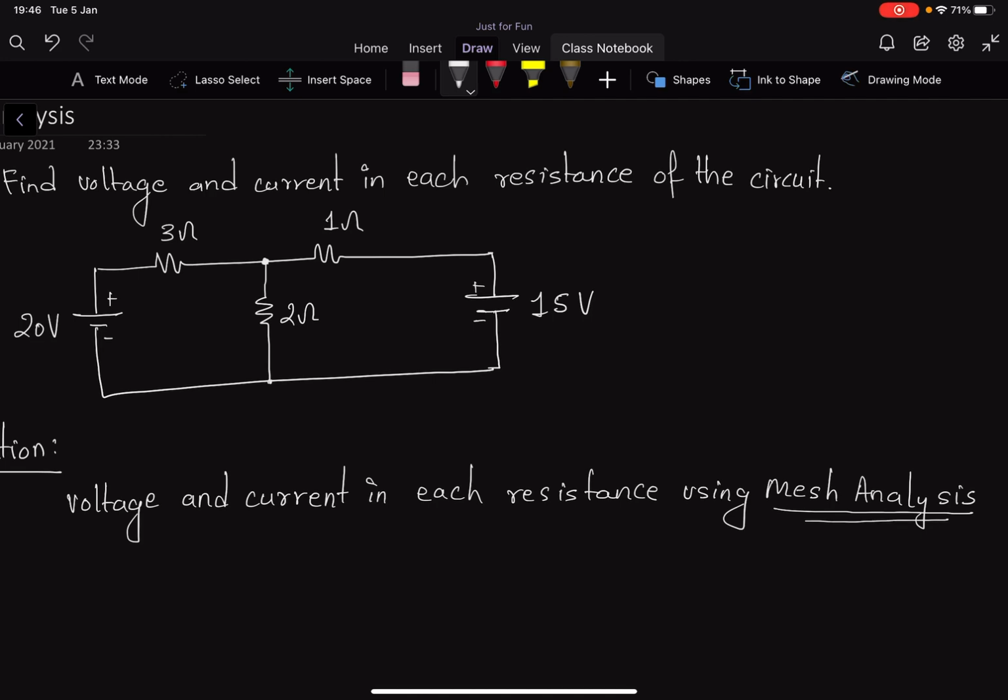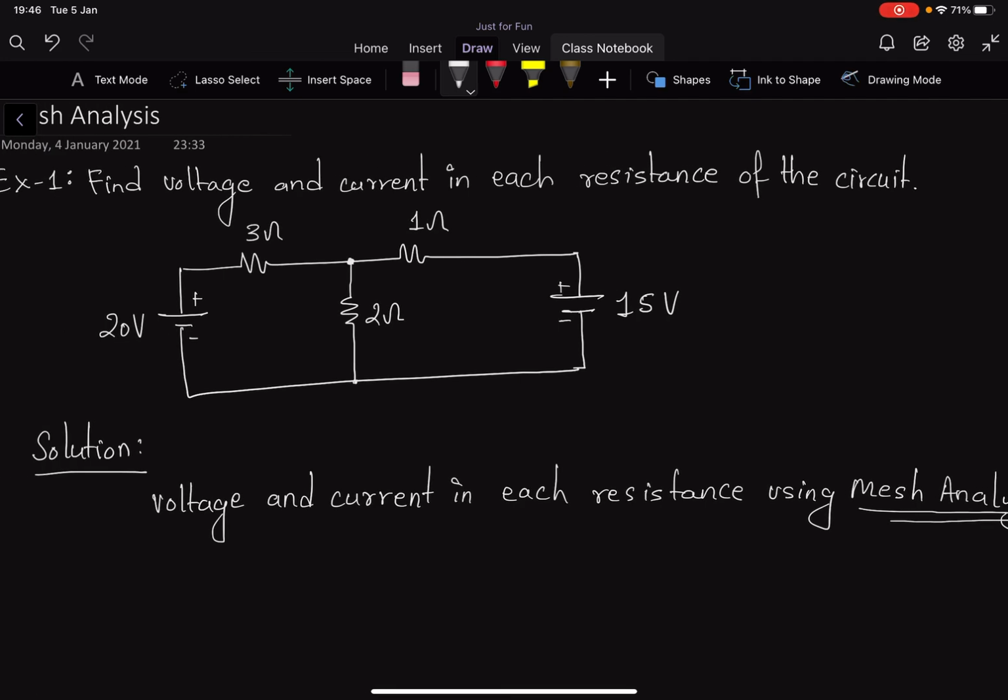So that's what we're going to focus on. We are going to apply mesh analysis.